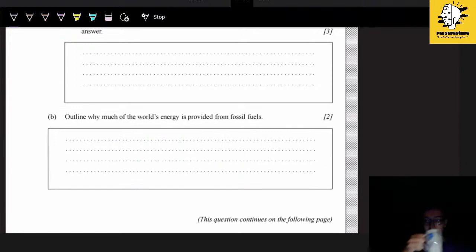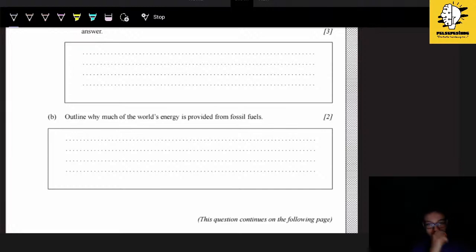Okay, so it is asking outline why much of the world's energy is provided from fossil fuels. So let's think, and there were also some news that we will have enough fossil fuels until 2050.